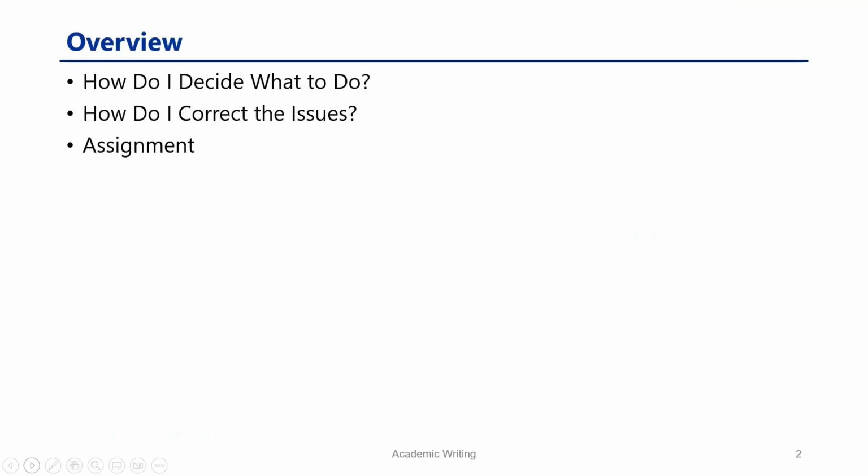In this video, you'll learn how to decide what to do with all the feedback you get. You'll learn how to correct the issues that were found in your paper, and you'll learn how to do this week's assignment.